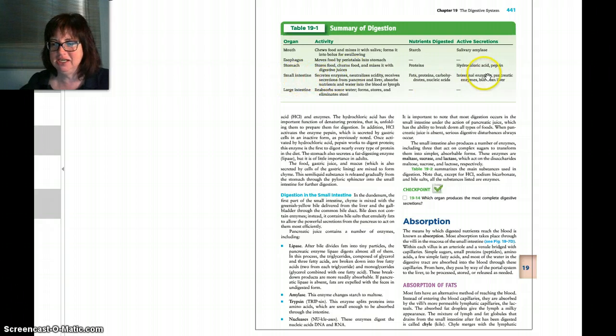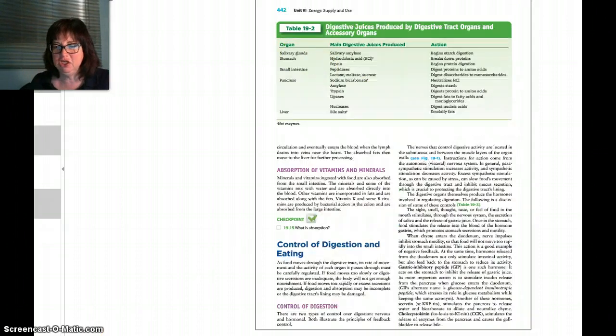The small intestine has secretions from the pancreas and the liver. And on the next page, you will see you have sodium bicarbonate, which is hydrogen carbonate, amylase, which breaks down carbohydrates, trypsin breaks down proteins, actually polypeptides to amino acids, and lipase will break down lipids into glycerol and fatty acids.